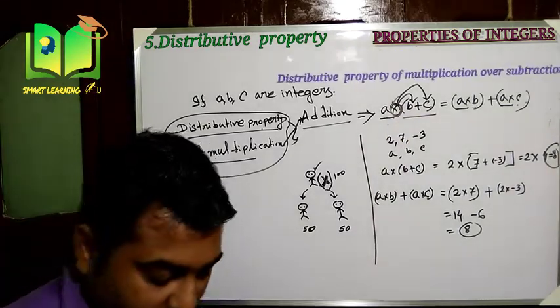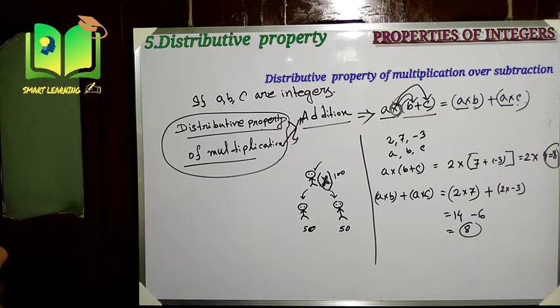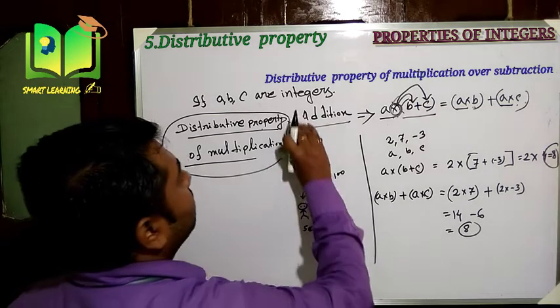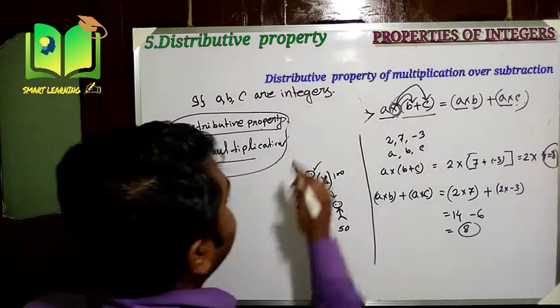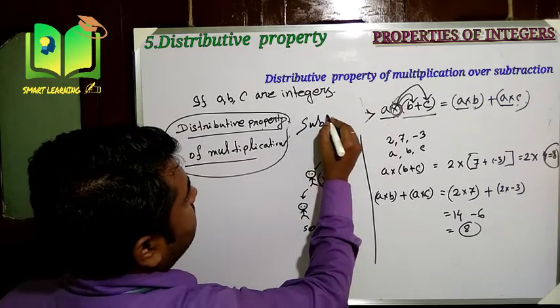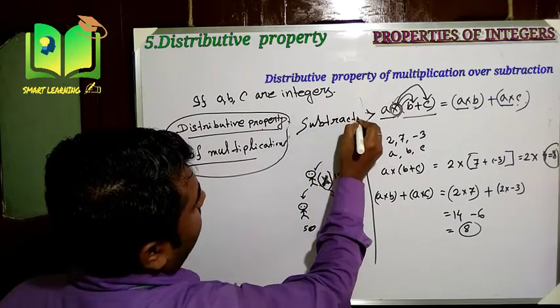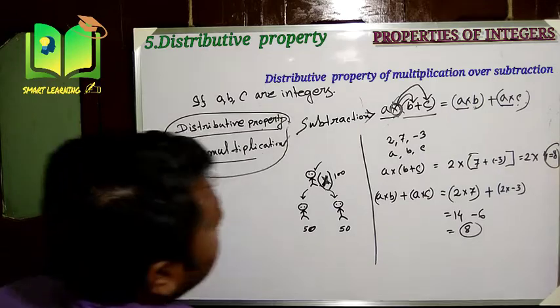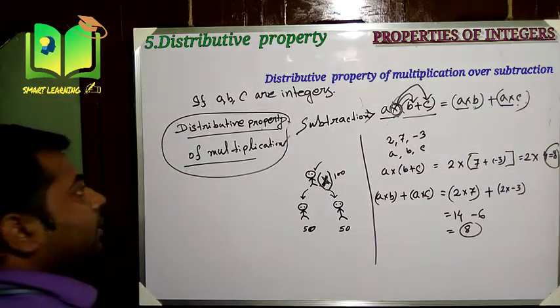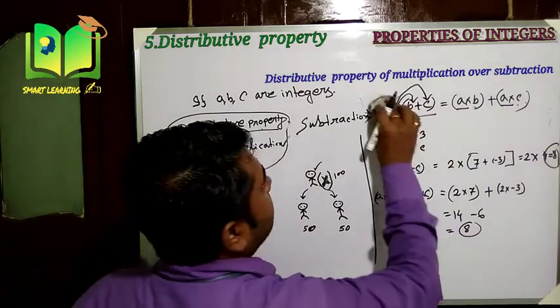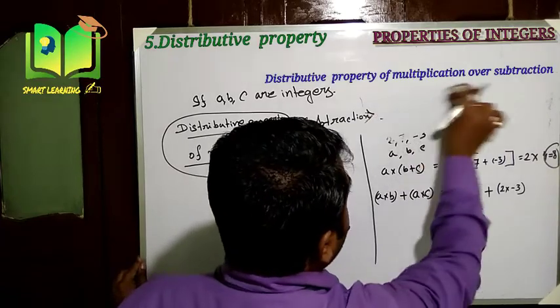Now we will discuss distributive property of multiplication over subtraction. So it will hold here the same way. So what to write? Nothing.